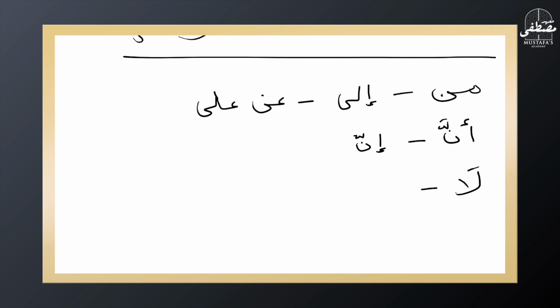Now look at this. These prepositions are a certain category. These prepositions are a certain category as well. And this one also is another category. And then you have, for example, قد, okay? قد, like this.